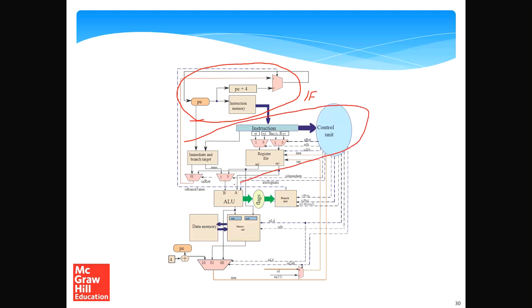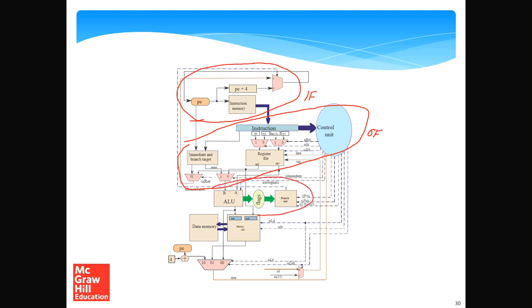This part is the OF unit, along with the control part, where the control unit is thought of as a black box which generates all of these signals to control all the multiplexers. If you see, all the multiplexers are controlled by these dotted lines generated by the control unit.